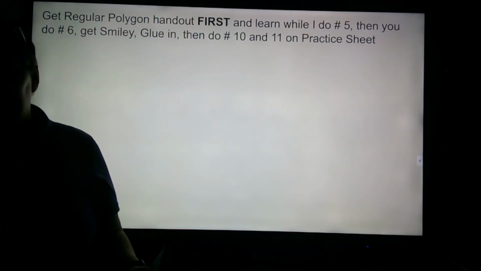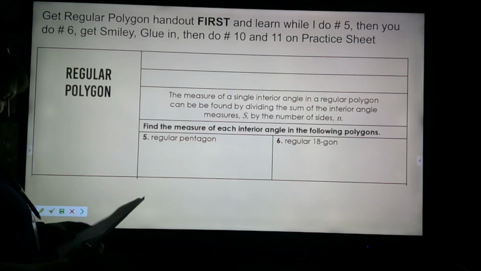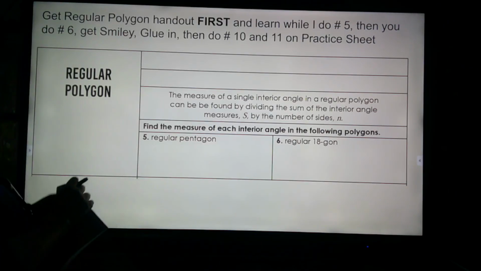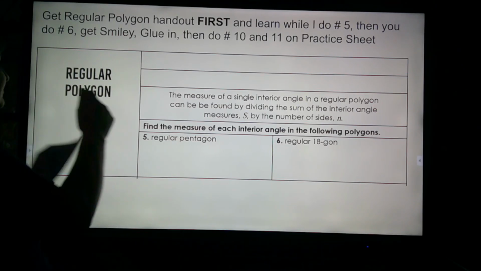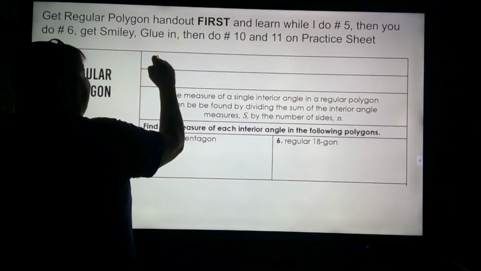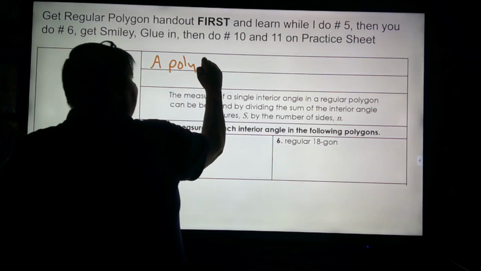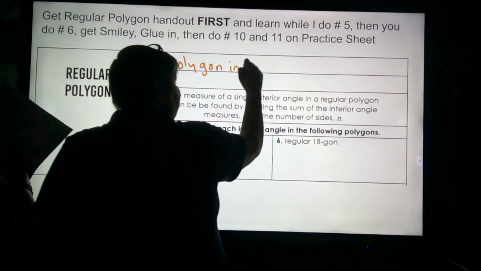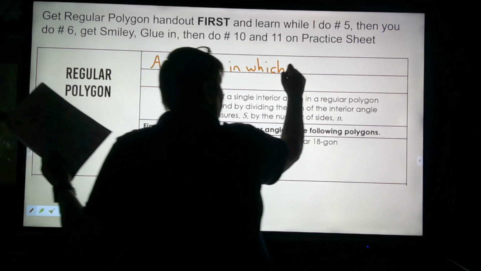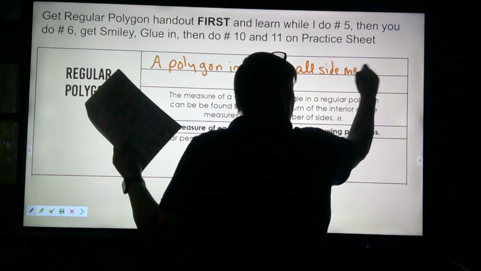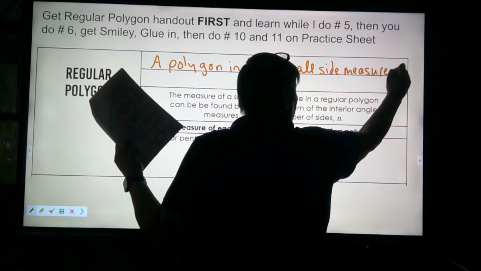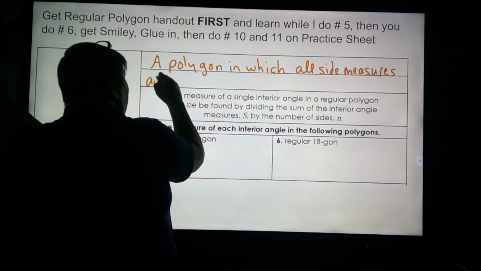All right. So, regular polygon. A polygon in which all side measures are congruent or equal. Right?